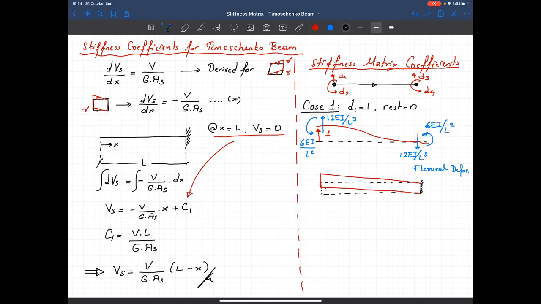Now, how much deformation will I get? Additional deformation. This is the neutral axis. And then afterwards, I see a translation and I see a shear deformation. Let's show it with this symbol. And this shear deformation is called parasitic shear deformation.